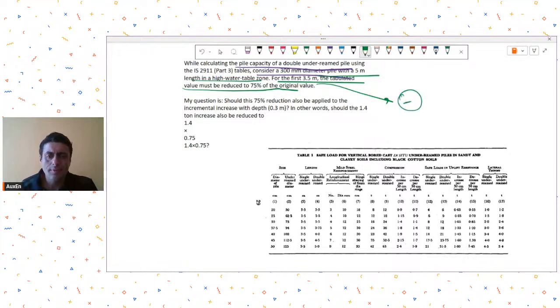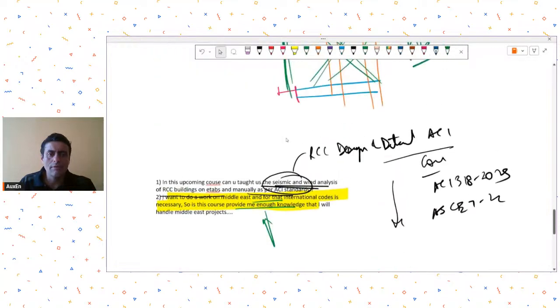Oh, is it? I didn't know. Is this the condition for high water table in piles? I didn't know that. Anyone in the live audience, can they just confirm? Is this condition for reduction given in the code for high water table locations?